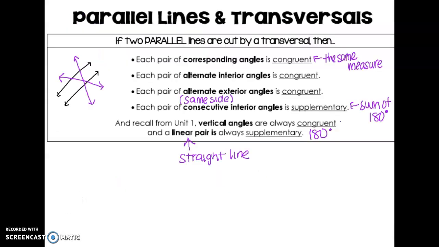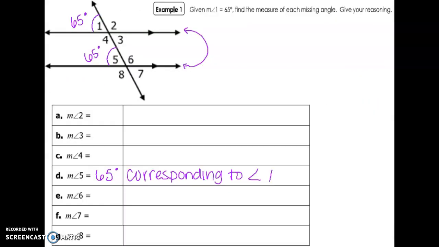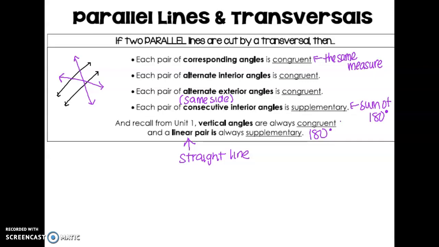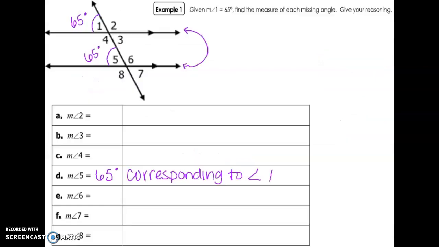Next up is alternate interior angles. I'm going to skip that one for now because if we look, angle 1 is actually not part of the 4 interior angles that we have here. So I'm going to skip that. And then I'm going to look for alternate exterior. Angle 1 is an exterior angle, so I know I'm working with these two down here.